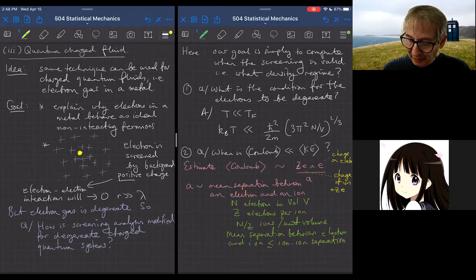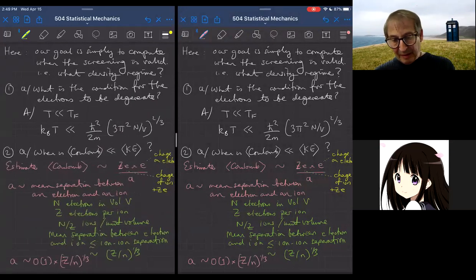And that is going to then be (Z/n)^(1/3) in 3 dimensions. And so what that then says is that this quantity a, the mean separation a, is then just equal to some coefficient of order unity times (Z/n)^(1/3).